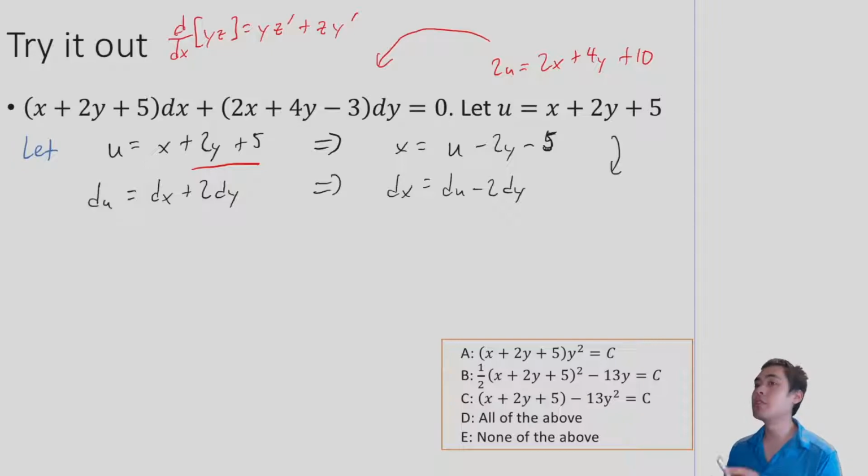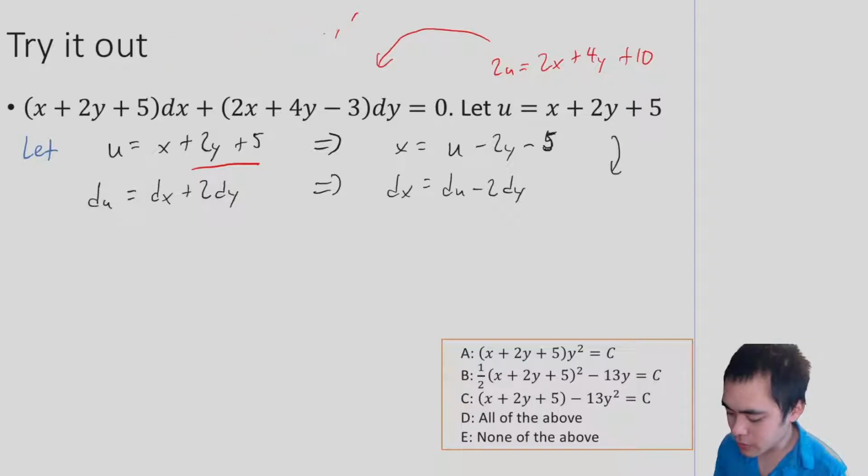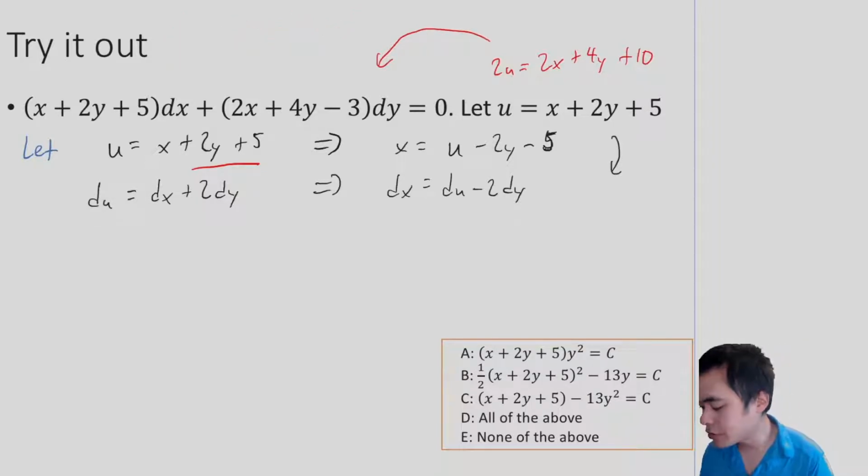Here, you're substituting just to get rid of the x, not to get rid of the y. So you're only substituting in one variable, replacing one variable with another variable. One of the things you need to keep track of here is that's actually a very good point, so thanks for bringing that up.